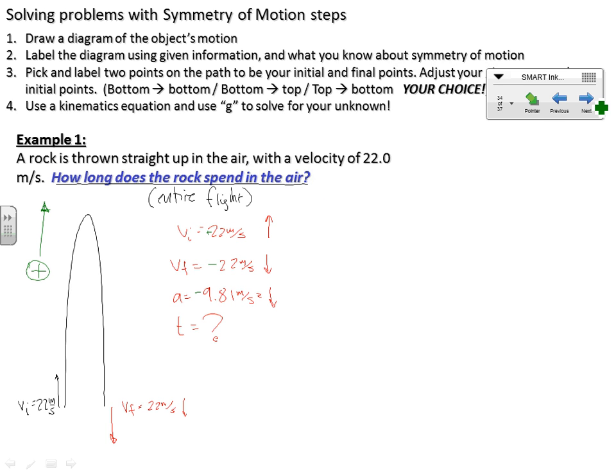Of course, VF, VI, A, T. So T equals VF minus VI over A. That's negative 22 minus 22 over negative 9.81.